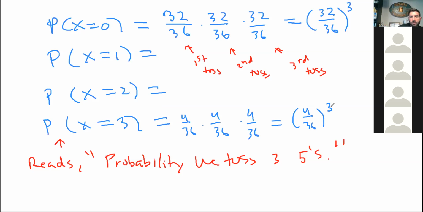Those were the easy ones because it wasn't hard to compute the probability of getting a 5 or not getting a 5. Does anybody have a question about this?